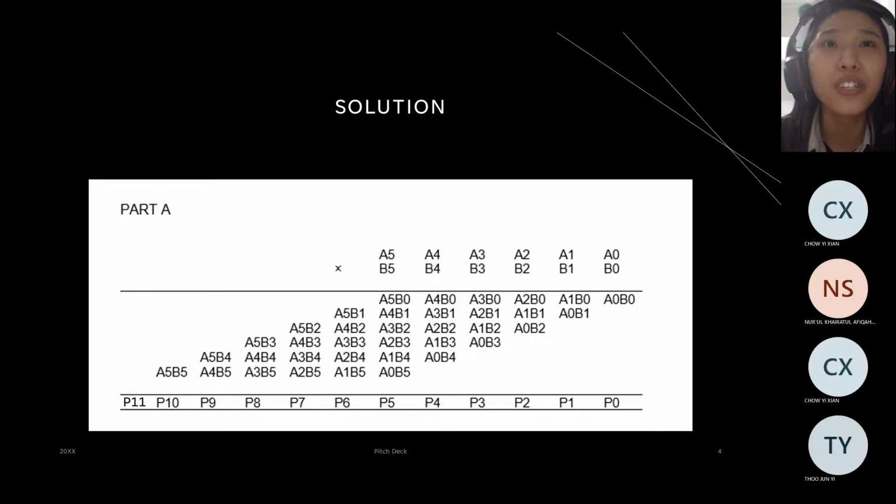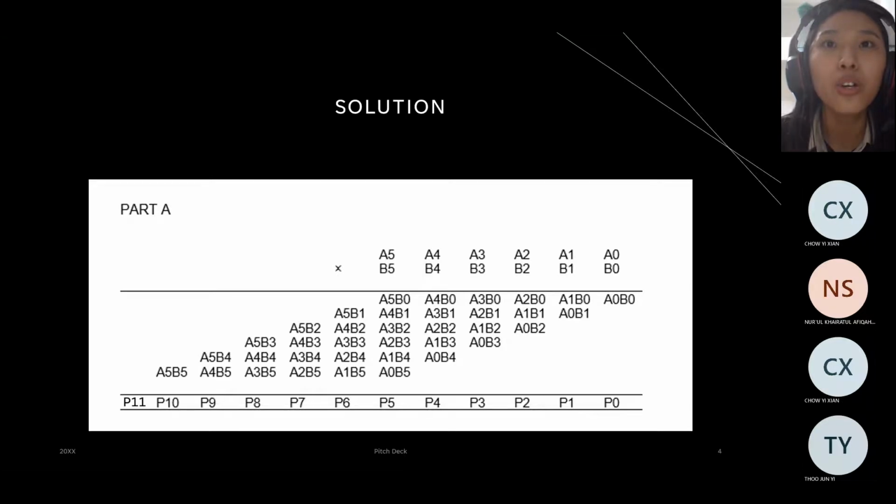Since the question requires using full adder and half adder, we need 29 full adders and 6 half adders. The output is 12 bits, P0 until P11.